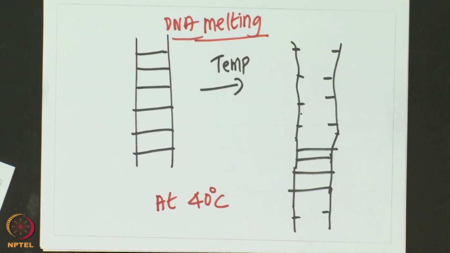This is a question that we can ask. And if I do this experiment at 40 degrees Celsius, for example, what I would see is that even at 37 degrees Celsius, the DNA double strand hydrogen bonds would occasionally be broken and they would reform.